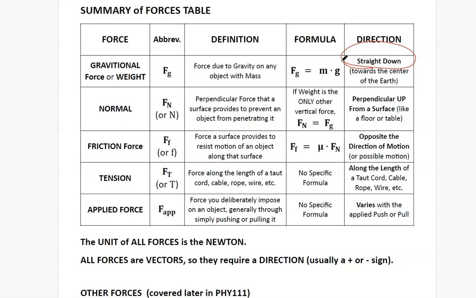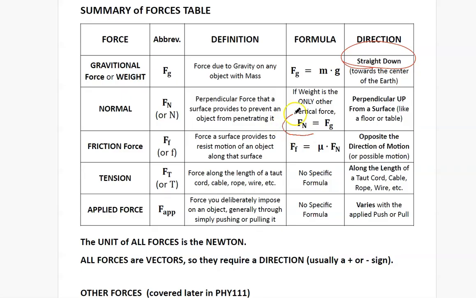Looking at the next one, normal force, F sub n. This is a perpendicular force. In other words, it's perpendicular up from any surface that's being pressed on, and it provides the force to prevent the object from penetrating it, from falling through. So this is what keeps you from falling through the floor or your books from falling through a table. And if weight is the only other vertical force and your floor is horizontal, it's really simple.